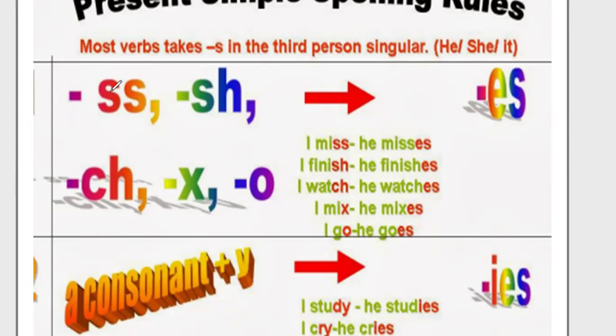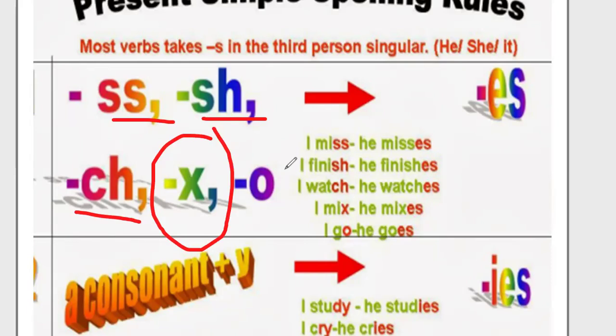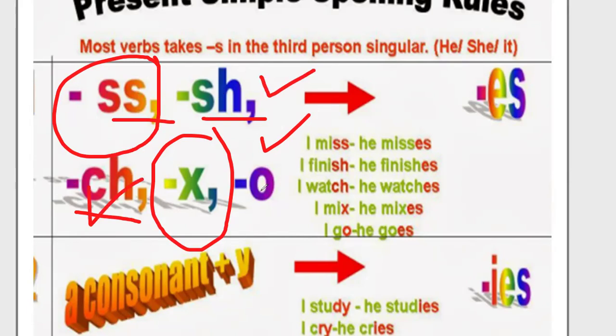So we have, if the verb ends in ss, sh, ch, x, that we didn't have an example in the homework, or o. We didn't have examples in the homework of ss and x, but we had of ch, sh, and o. But here you have some examples with x. Mix, mixes. Miss, misses. Okay? This is the first group.